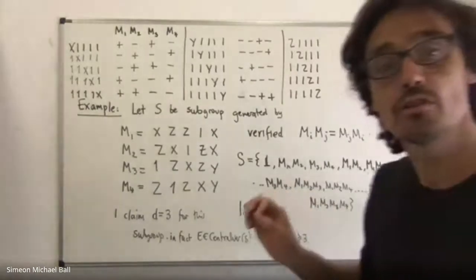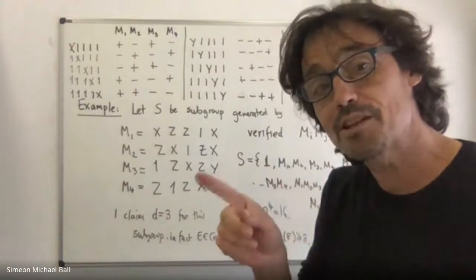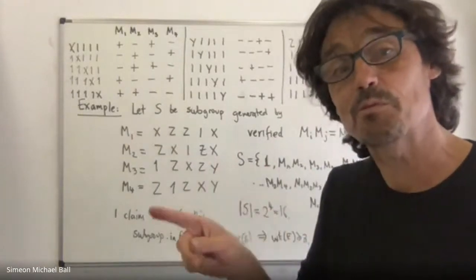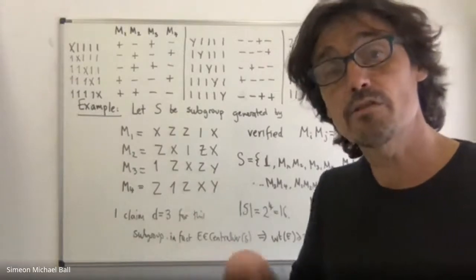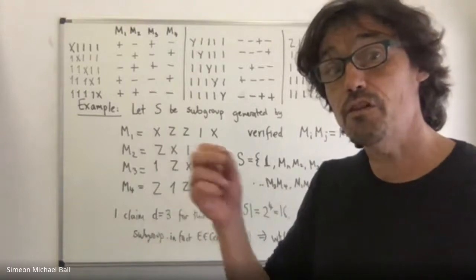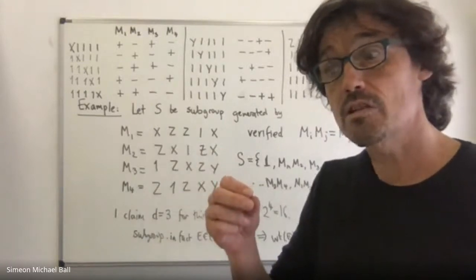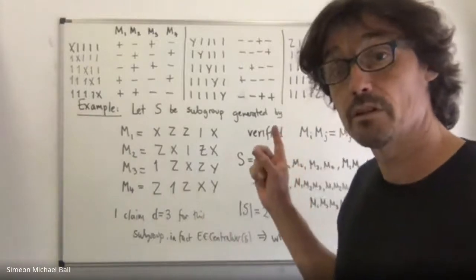I'm not allowed to have plus, plus, plus, plus either, because that would mean it's commuted with all the different errors. So there's one of the 16 options which cannot appear. I've got 15 options left, and I've got 15 errors, and I'm claiming they're all going to be different.